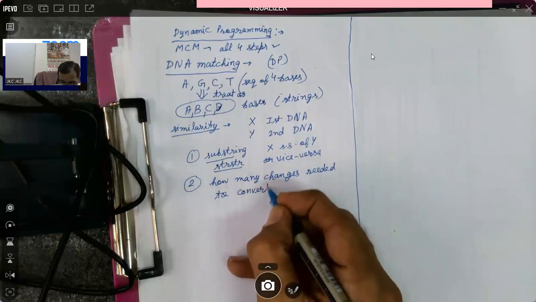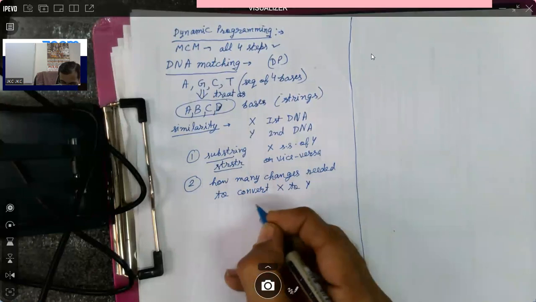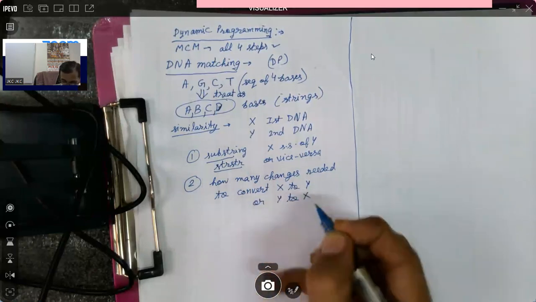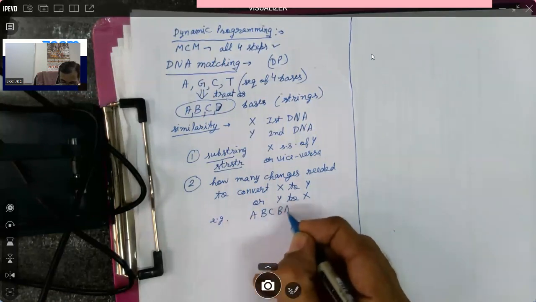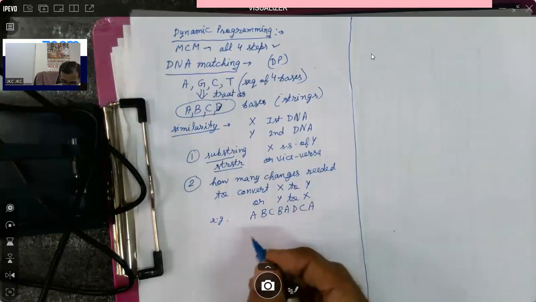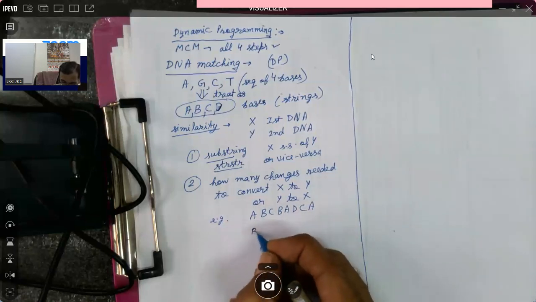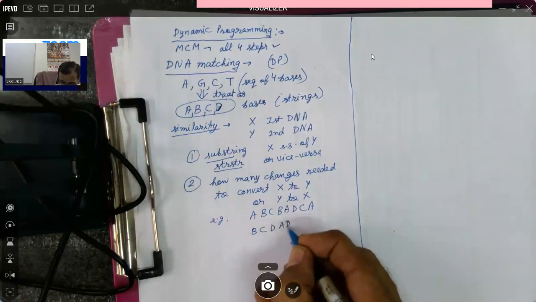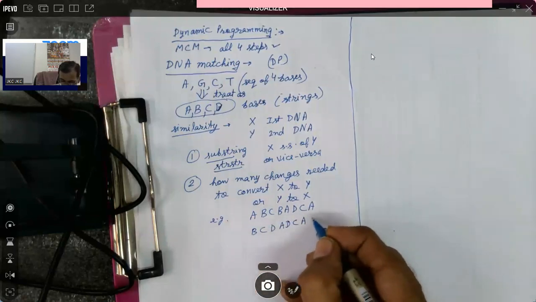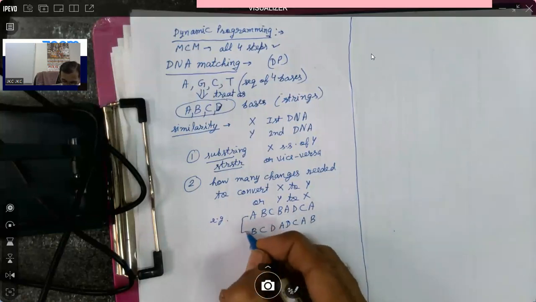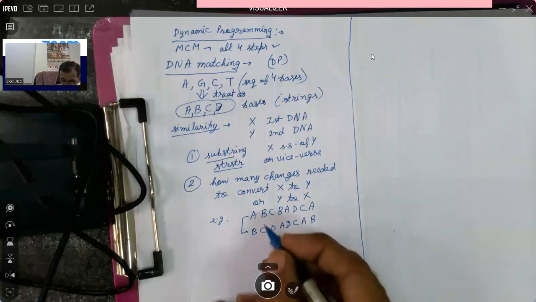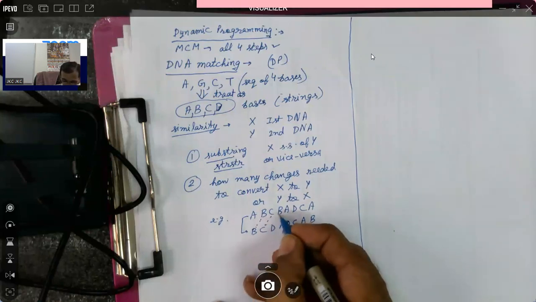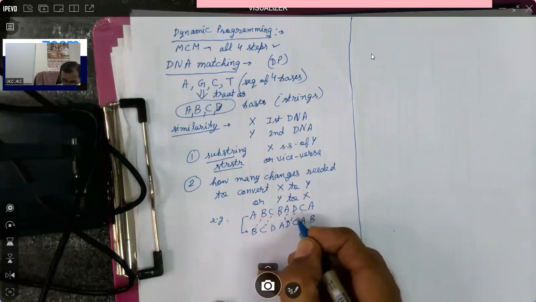For example, say I have A, B, C, B, A, D, C, A as one, and the other one being B, C, D, A, B, C, A, B. Now, in these two I don't find either to be a substring of the other, and I don't find exact equality. Are they not similar? Maybe one answer is yes. But if I look carefully, probably I can find a lot of matches in this form.